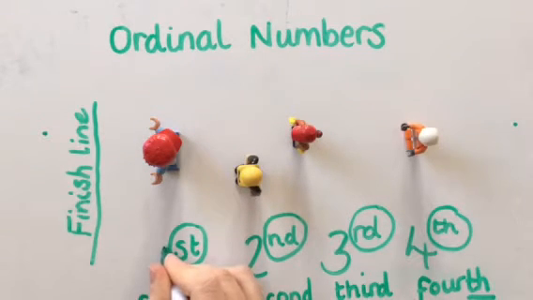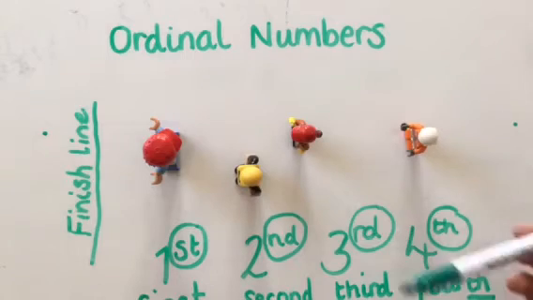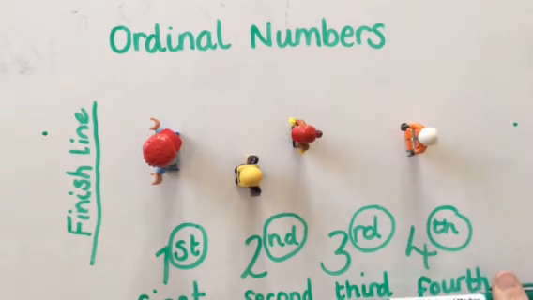Okay, so it's just a wee way of helping to remind us as well. So first, second, third, fourth. So we have it as a numeral, and we also have it in word form there, okay? And you can use both when you're talking, when you're writing and showing people as well. Okay, you might see things like in sports day, your team might come first, and sometimes we have stickers and things for that.